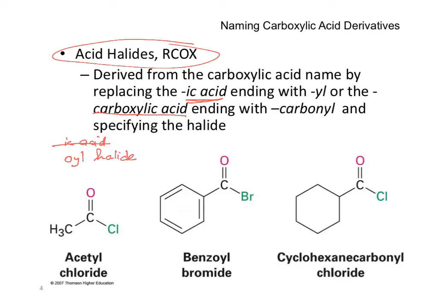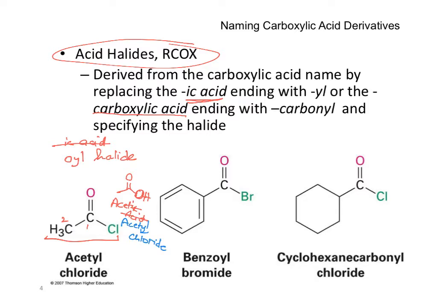So if it's a chlorine group, we'll call it a chloride, bromide, iodide, and so forth. For example, the given structure contains 2 carbon atoms. That means it must have come from acetic acid. So I'm going to drop the ic acid and replace it with yl halide. So the name becomes acetyl chloride.